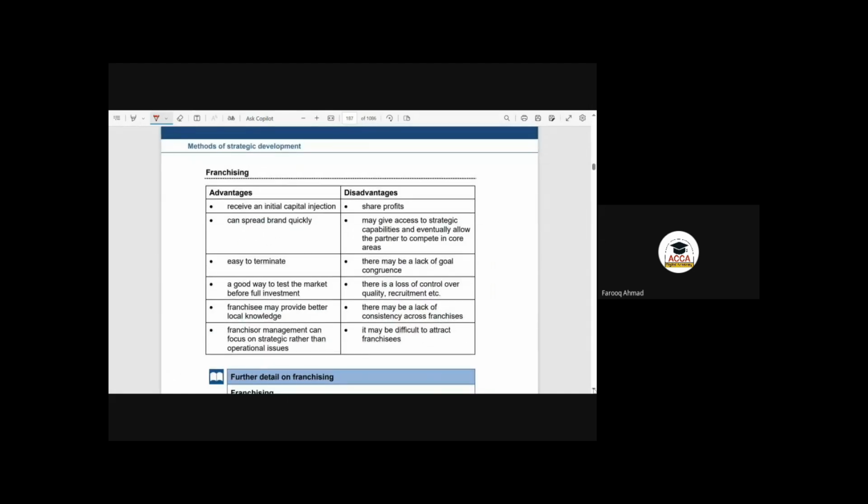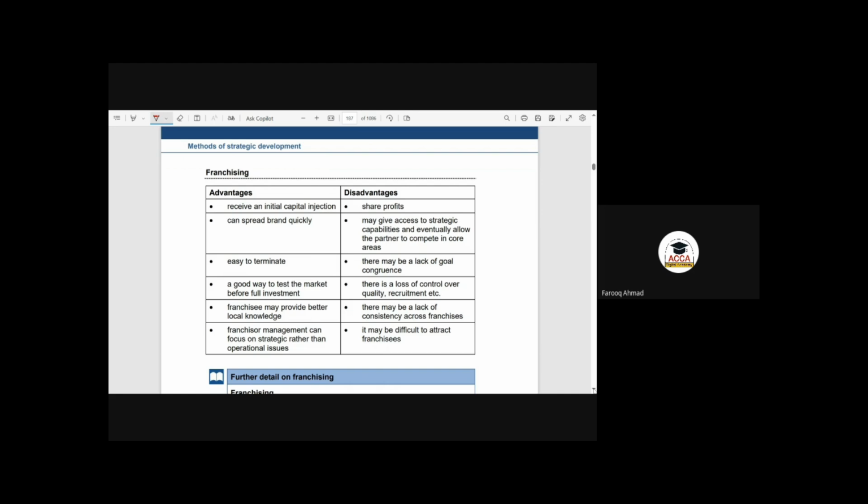The franchising model: nowadays a lot of brands are there in fashion, in food, in pharma, everywhere. The brands give franchise rights to the franchisee, and they take royalty and other management fees. All these activities they share together.